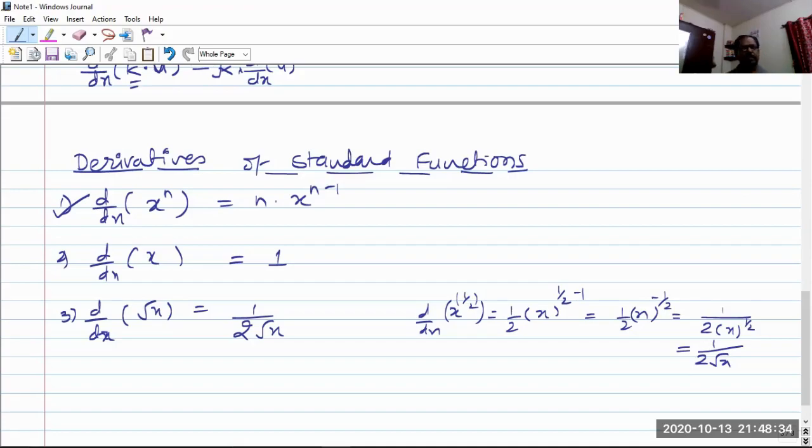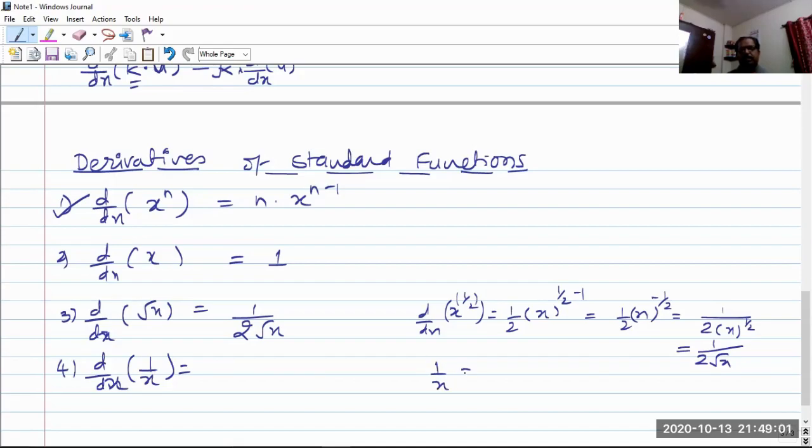After that, we can also have the derivative of 1 upon x. What is it? d by dx of 1 by x. What does this give us? Again, can we apply the first formula here, x raised to n? Yes, we can apply. As it is 1 by x, you need to write it in x raised to n form. How much is x raised to n if the expression is 1 by x?